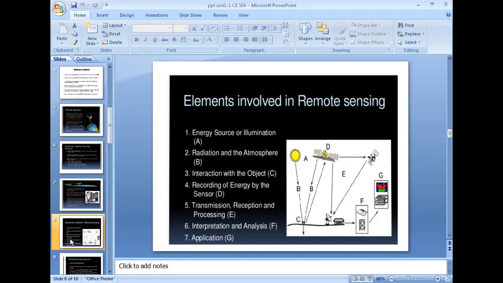Our sun is the source of radiation. Then this radiation moves through the atmosphere from one place to another. In this figure you can see this radiation coming from the sun and striking the surface. Okay, so the medium is the atmosphere.